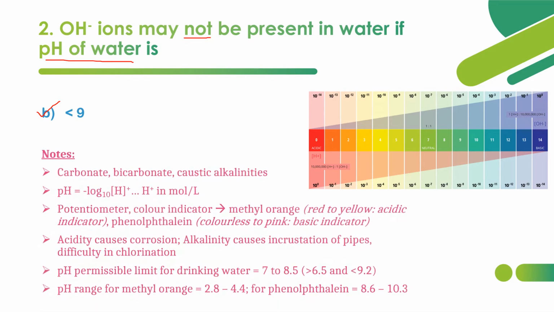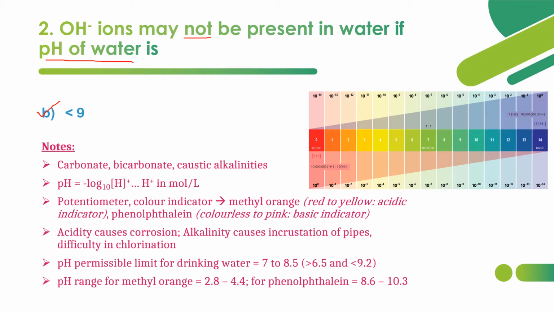Now let's see more about it. There are two major components that cause alkalinity: carbonate and bicarbonate alkalinity, and caustic alkalinity. Caustic is nothing but OH minus.